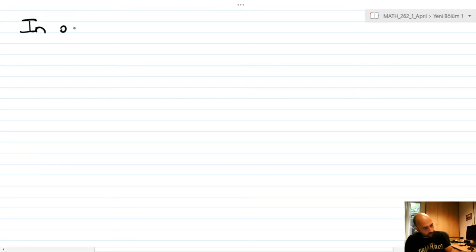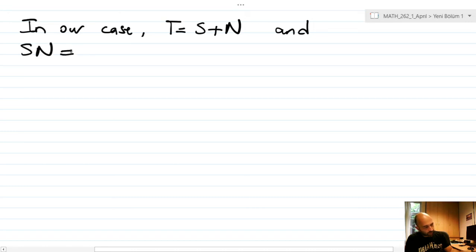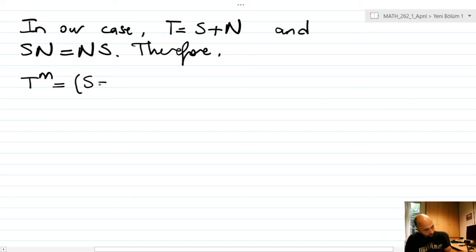So in our case, T is equal to S plus N, and we have SN equals NS. Therefore, if you want to make a computation like T to the power m, this is S plus N to the power m, and you can treat this like a binomial expansion.